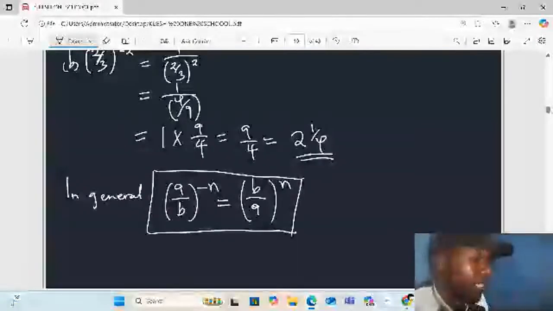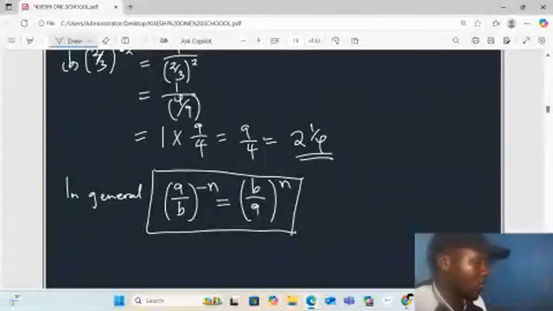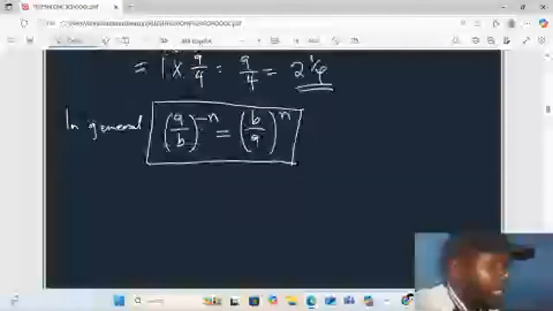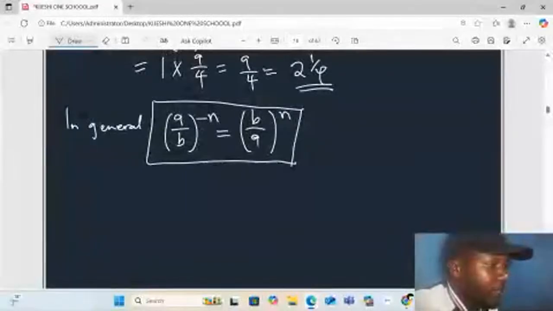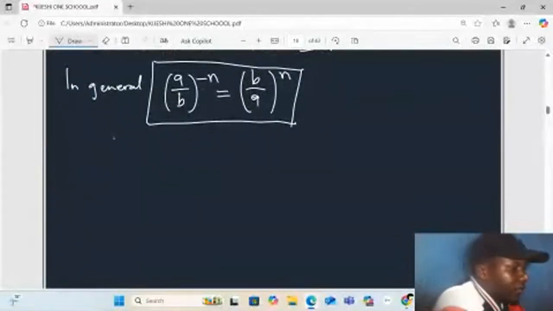So we can look at fractional indices. That was negative indices. We can have a look at fractional indices.